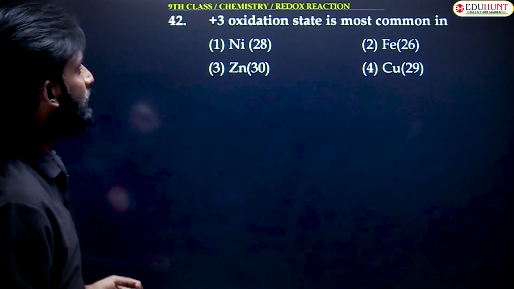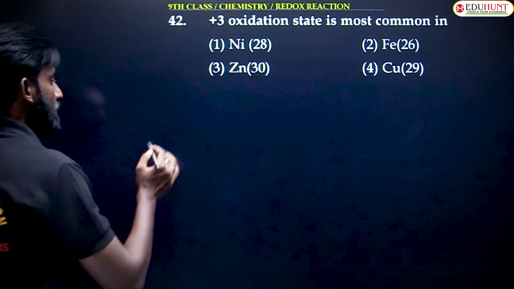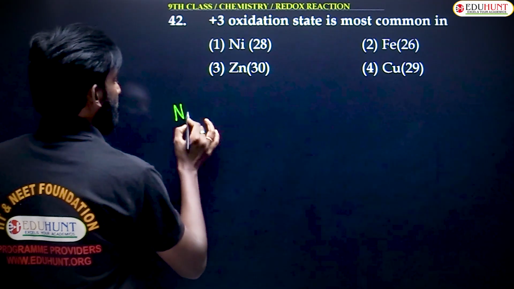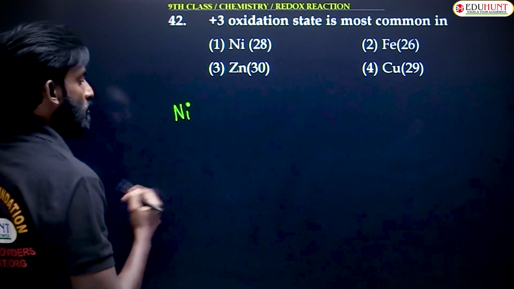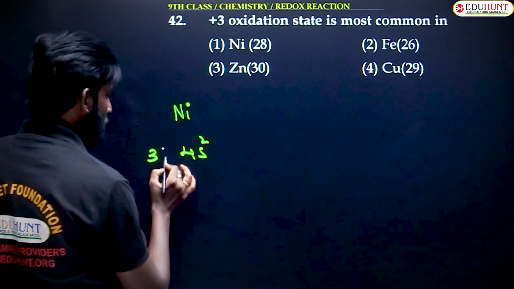Next, +3 oxidation state is most common in... see, the point is, in the case of nickel, the outermost shell configuration is 4s2 3d8.